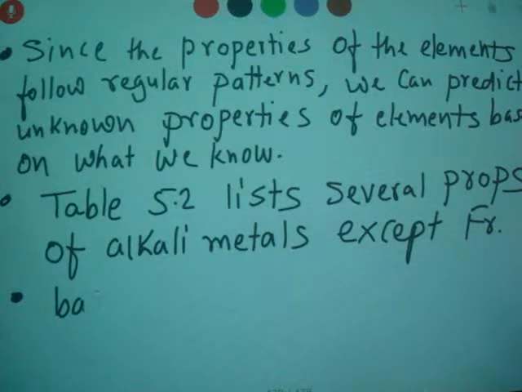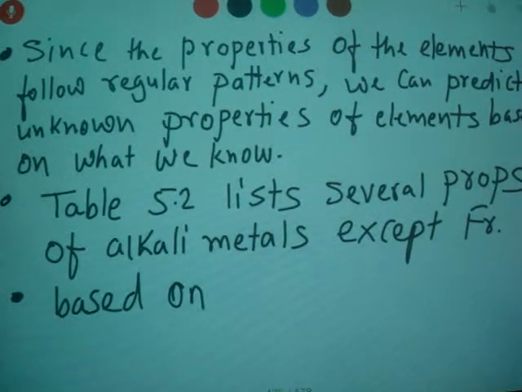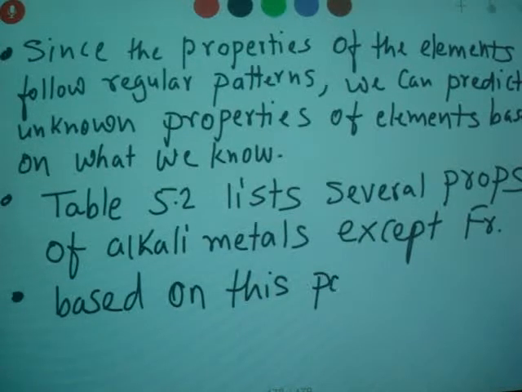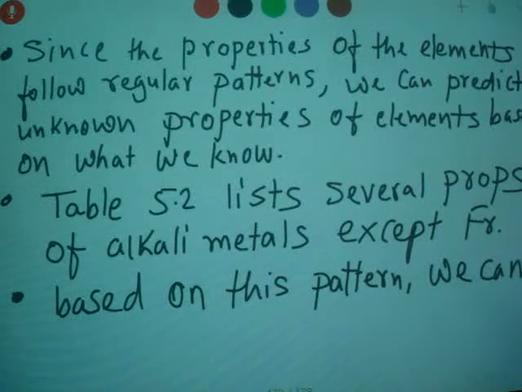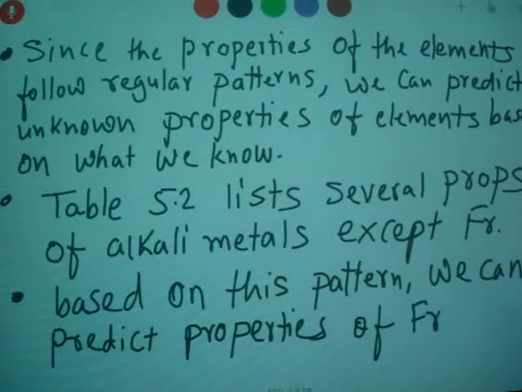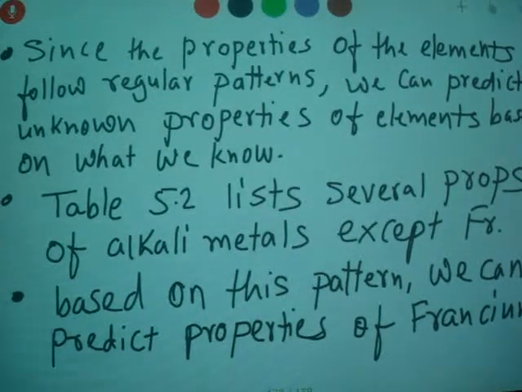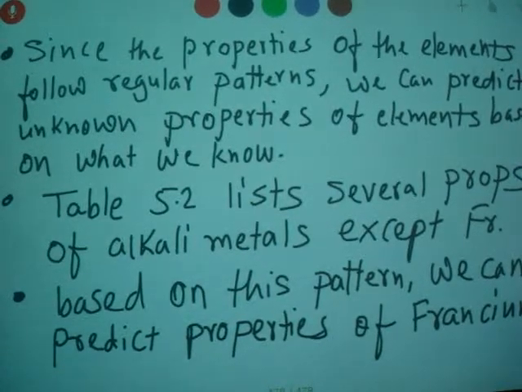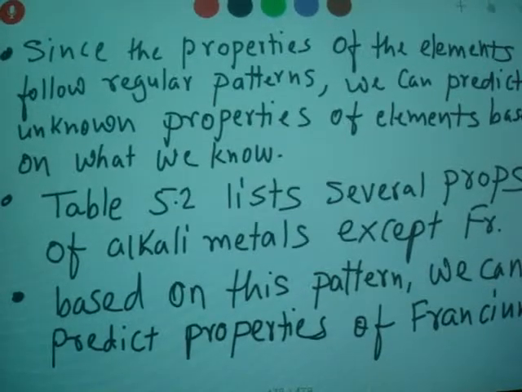So based on this pattern we can predict properties of francium. So let me draw this table, 5.2, and that way you can find out the properties of francium.